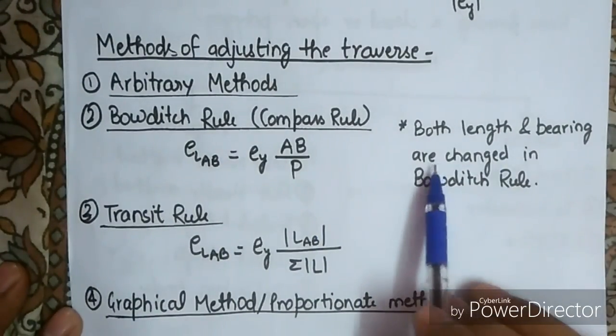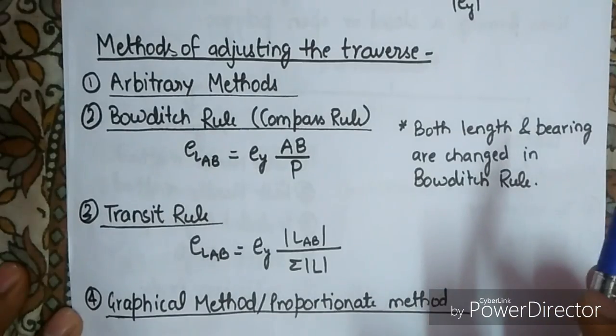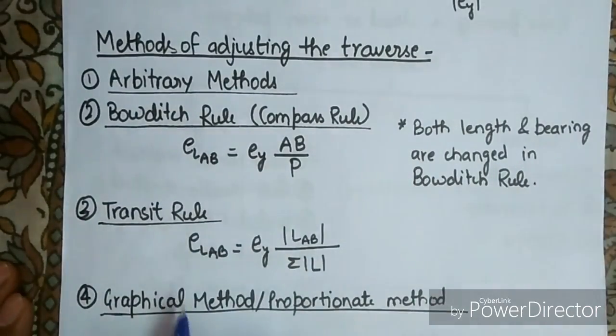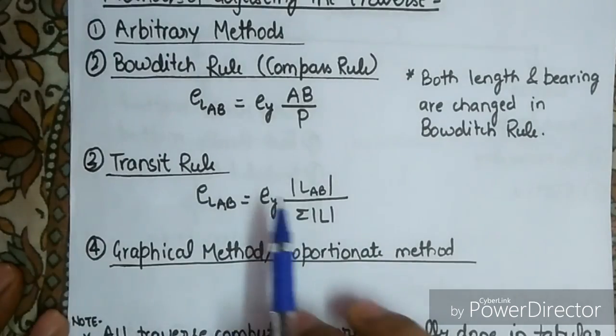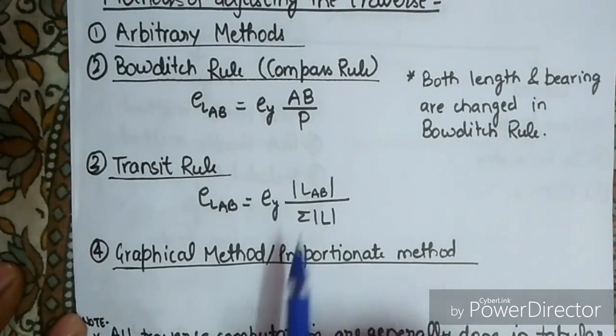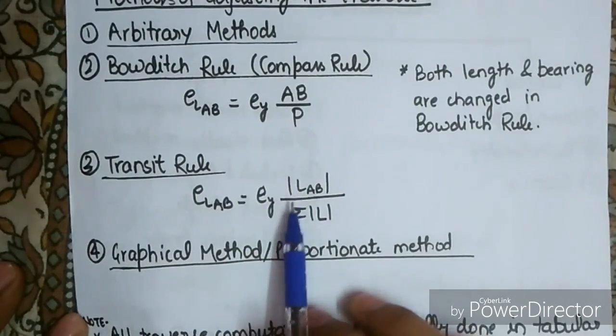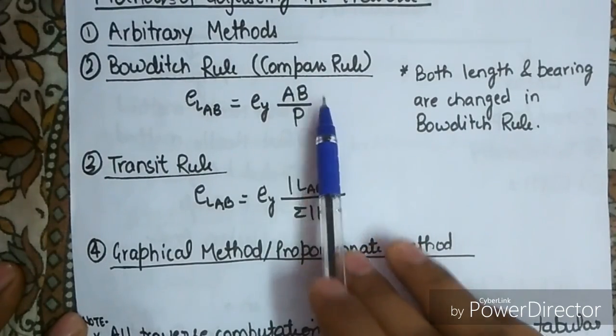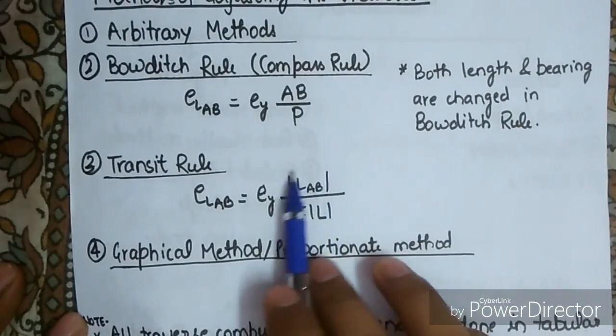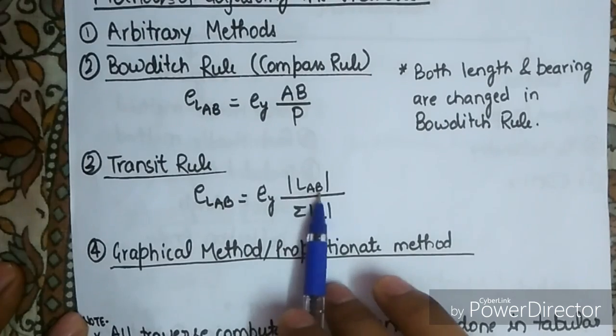Now both length and bearing are changed in Bowditch's rule. In the transit rule also both length and bearing are changed. This is similar to Bowditch's rule, but the difference is that there we were taking the length of that line, here we are taking the latitude of the particular line AB.